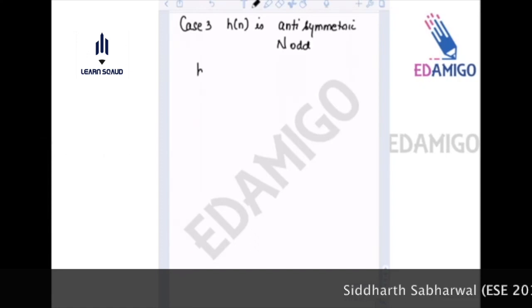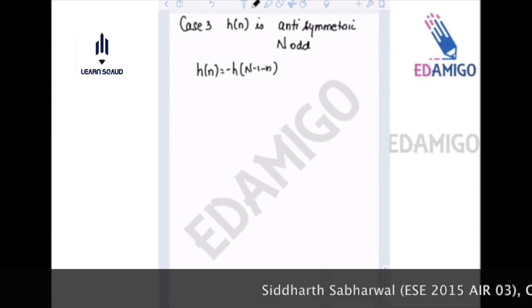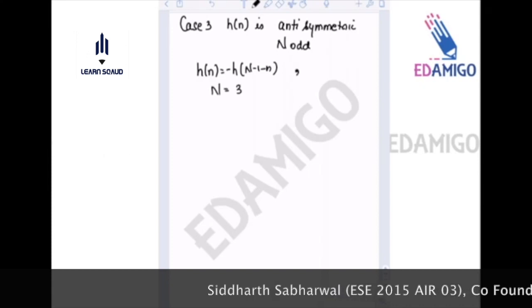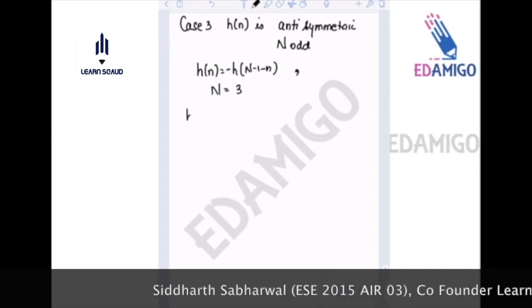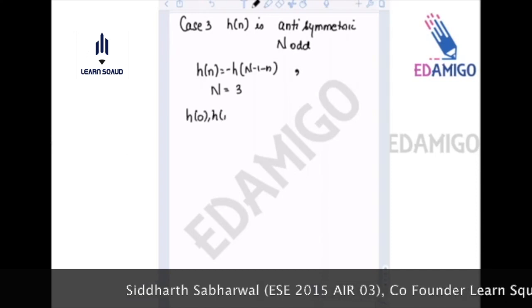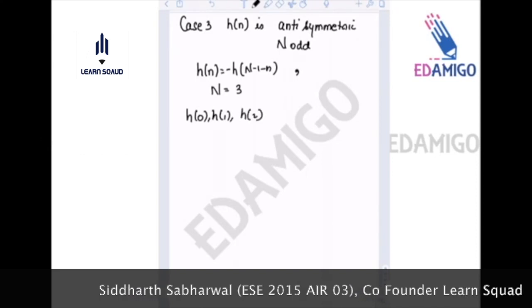So h[n] is equal to minus h[N−1−n]. So let us take N is equal to 3. Okay. So there are only 3 terms, h0, h1 and h2.